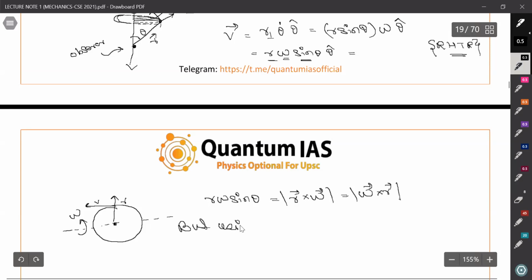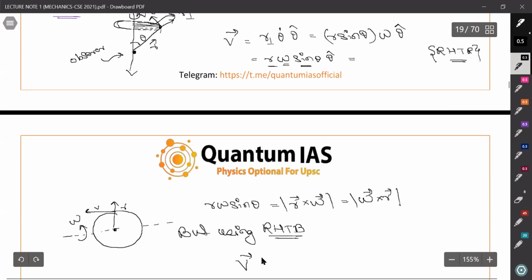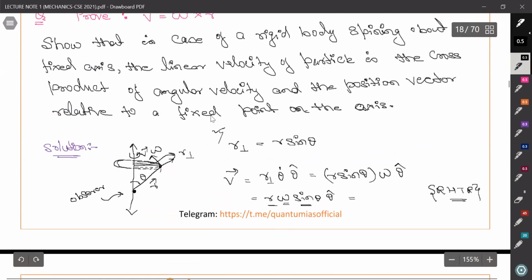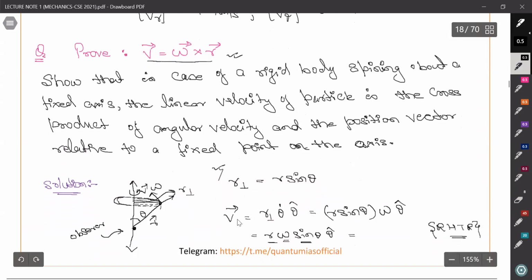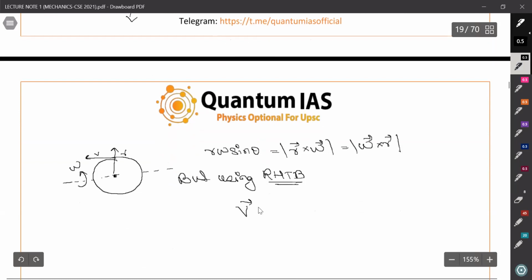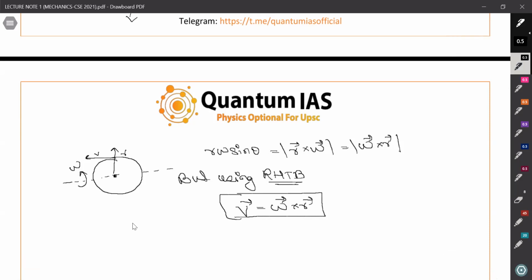But using the right hand thumb rule, these vectors orient themselves so that we get this result, that is v equals omega cross r. So I think it's very easy to see.